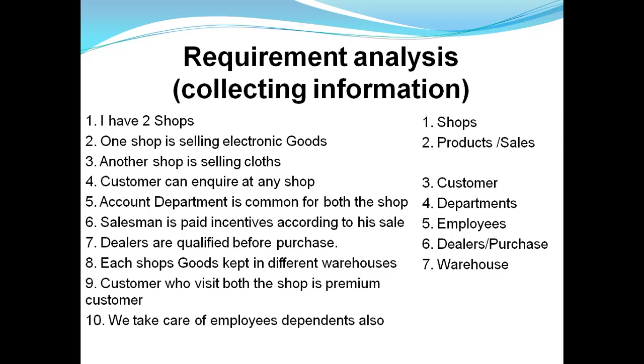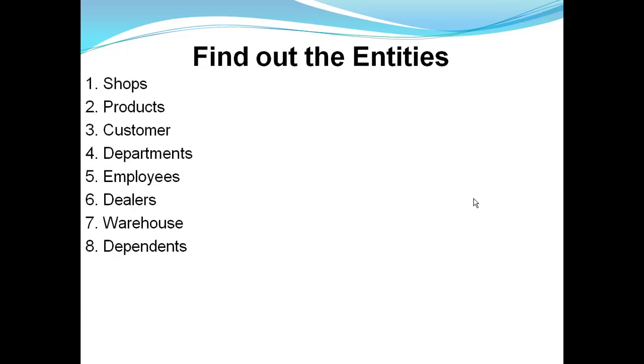Tenth, we take care of employees' dependents also. Simple. So what could be an entity here? Employees we have already taken, so it will be the dependents. So finally we got certain entities. This is how we find the entities.